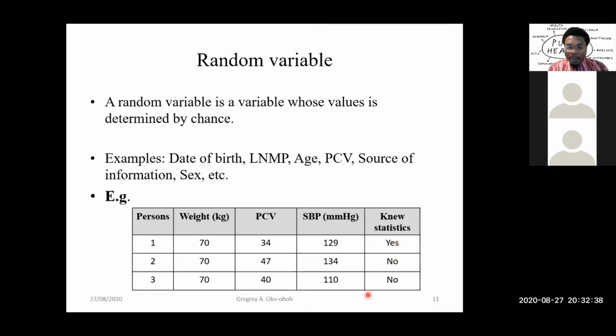So all these variabilities, given an independent variable, is what we try to account for in research. And until you are able to account for that variability and explain it, you have not done justice to any research effort. So random variable is the essence of research. We try as much as possible to account for that randomness, that variability, given an independent variable.